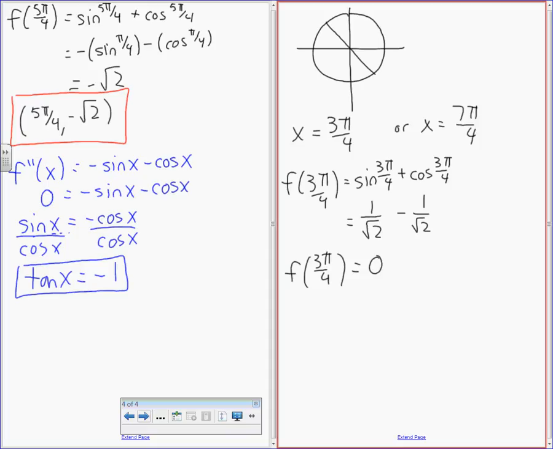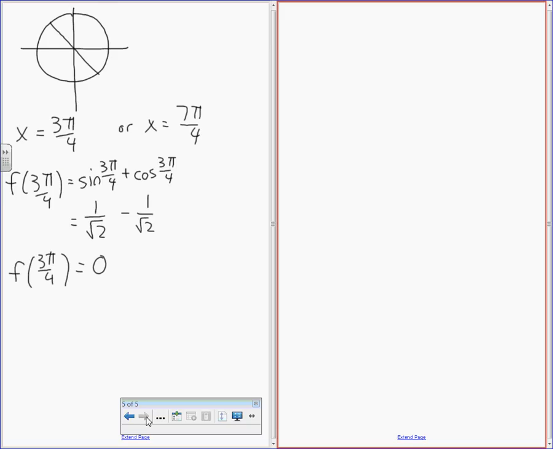Okay, so what happened was here I did sine of 3 pi by 4 and cos of 3 pi by 4, right? I'm going to do the same thing with 7 pi by 4. Okay, so it's going to be f of 7 pi by 4 equals sine 7 pi by 4 plus cos of 7 pi by 4.